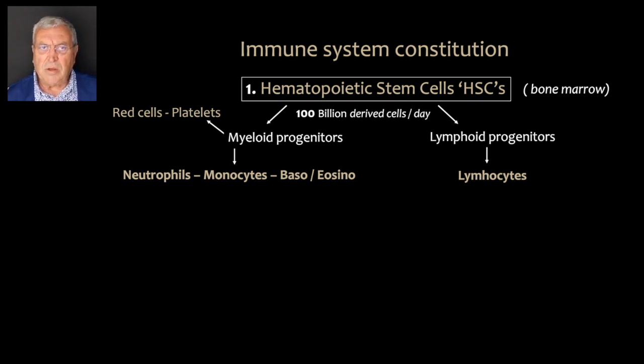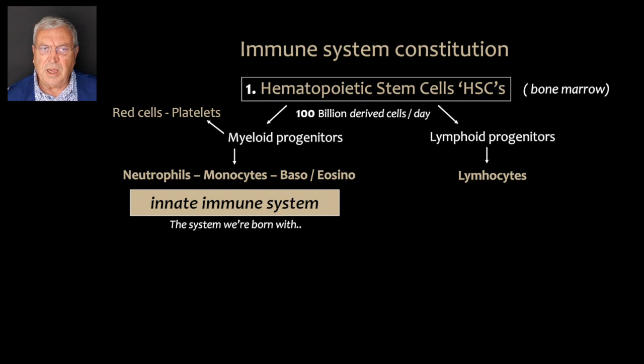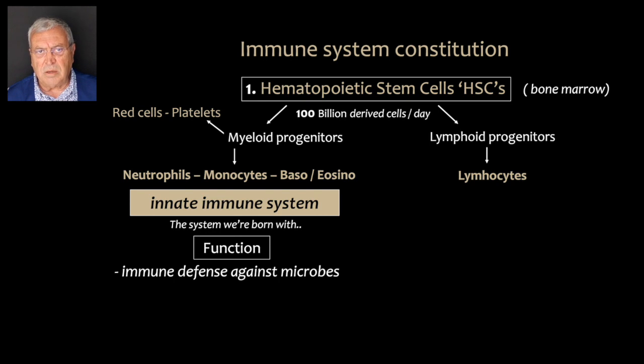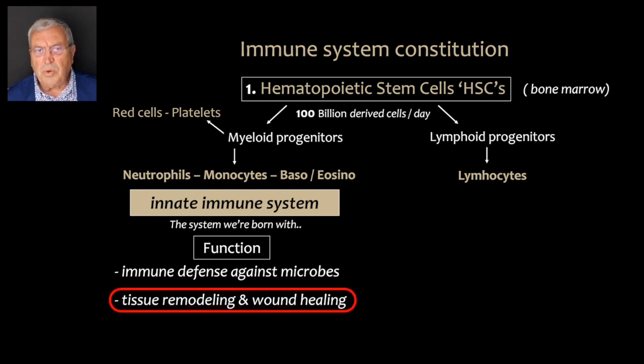The monocytes and the neutrophils organize the innate immune system, the system we are born with. The function of this system is to organize the defense against microbes and to organize the tissue remodeling and wound healing.